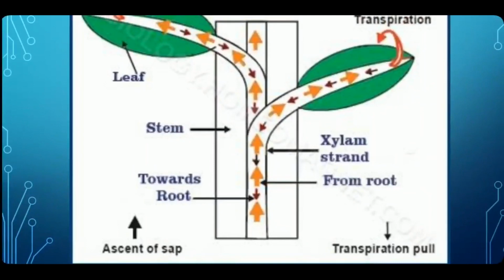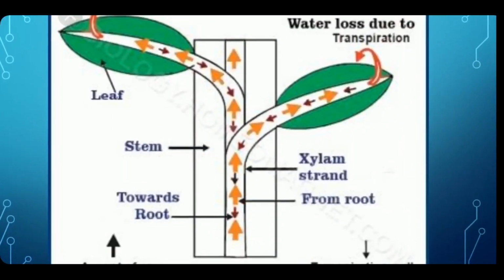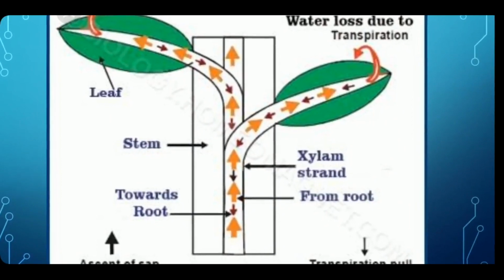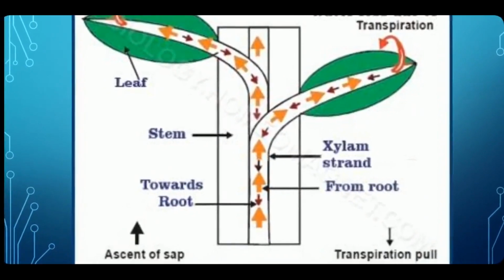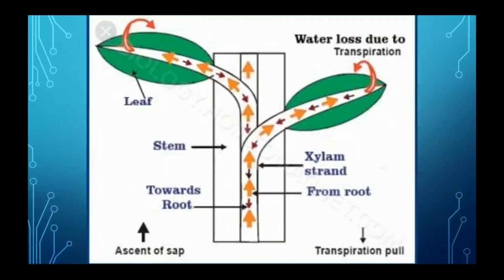Sap means water and minerals, and transpiration pull is going down. Why? Because it has to take water to the upper region, so it has to go down to take the water. So from the root, xylem strand, then stem, then leaf, and water loss due to transpiration. Is it clear to you?